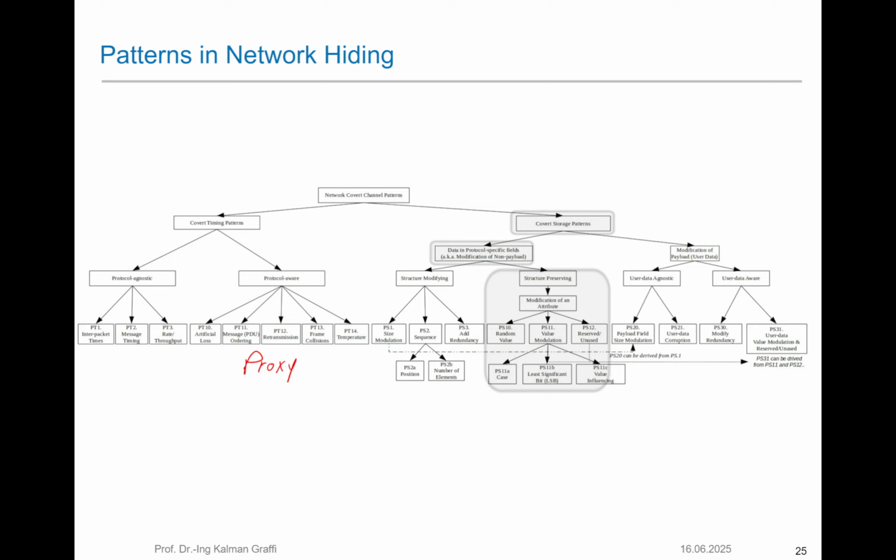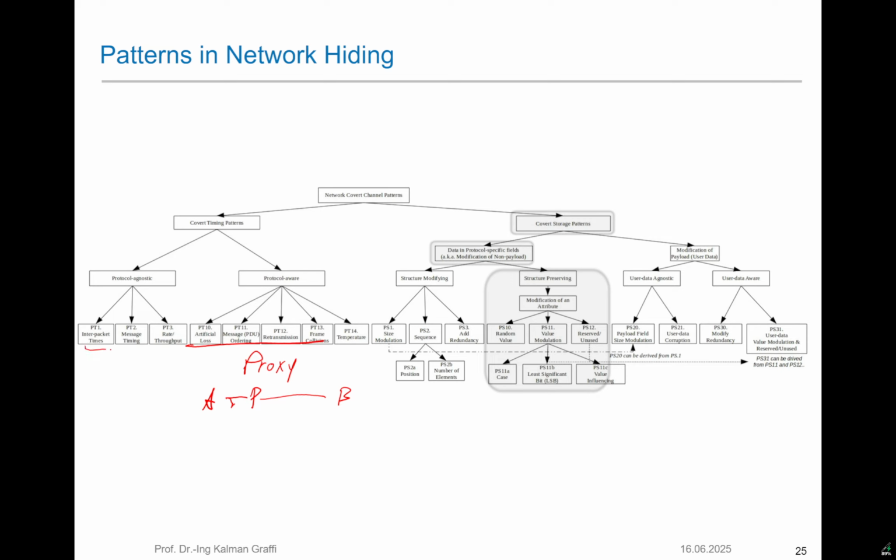Alice wants to communicate with Bob, but you add a proxy, so all of the retransmissions, artificial loss and message ordering happen with the proxy, all of the loss is compensated here, and then just the proxy communicates with Bob. Then artificial loss doesn't work, message ordering doesn't work, retransmission doesn't work, frame collisions do not work. Temperature maybe, I'm not sure, because that's somehow indirect. Okay, that would be one element.